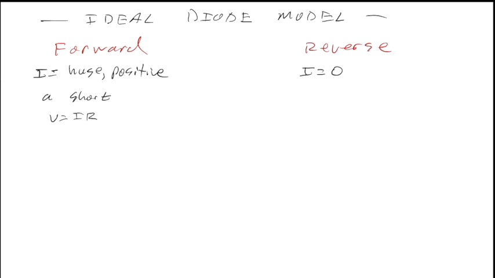And so if we look at I is equal to V over R, that equals V over 0. It's quickly infinite, right? We can have a huge current across a short circuit. And over here, we can have any negative voltage across the diode, because it's like an open.